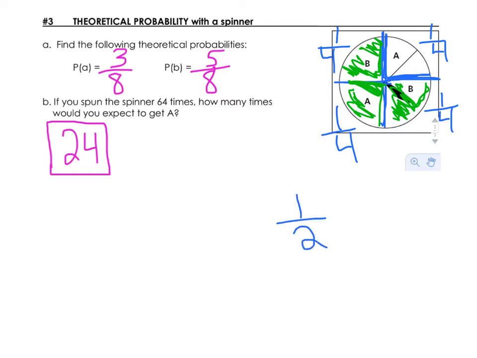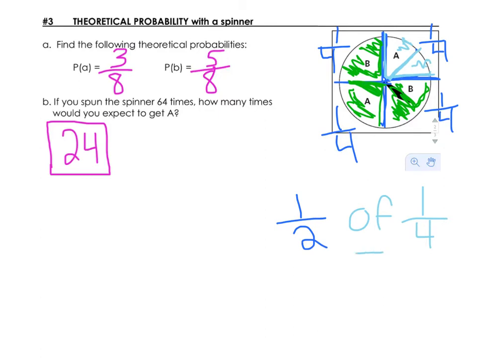So this section up here, I'm going to use color. This section up here is split into equal pieces of 1/2, so I'm going to take the fraction of 1/2 of the 1/4, because that's what the total area of that spinner is.